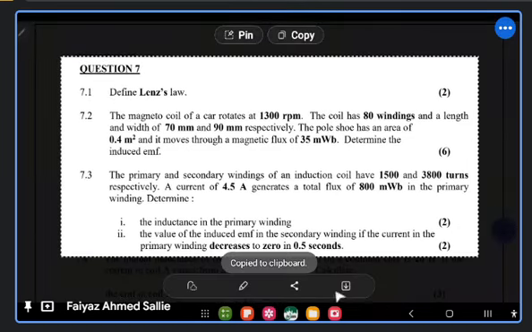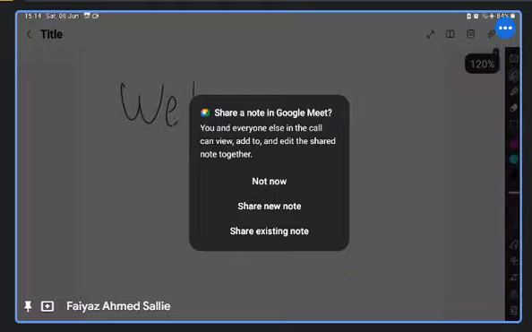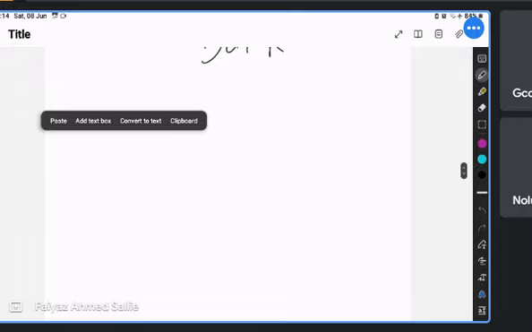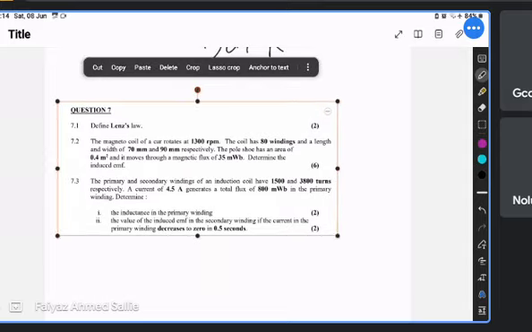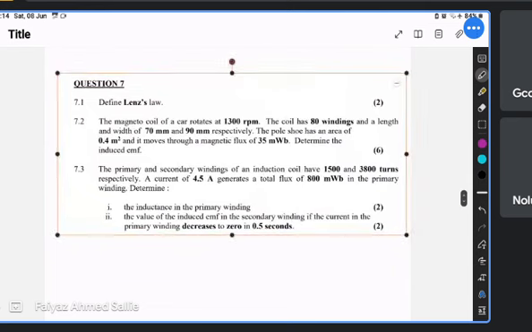Okay, so it's just loading, and we are back. So let me just paste it over here. This is the question: define Lenz's law.